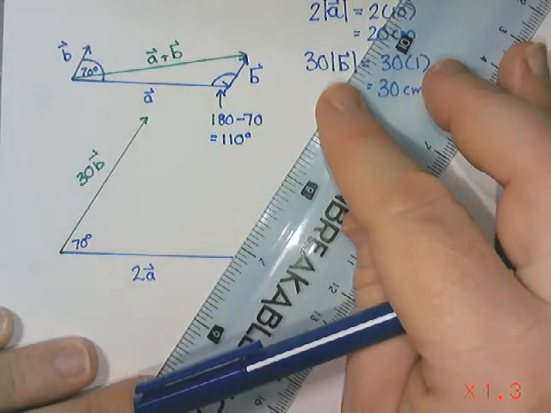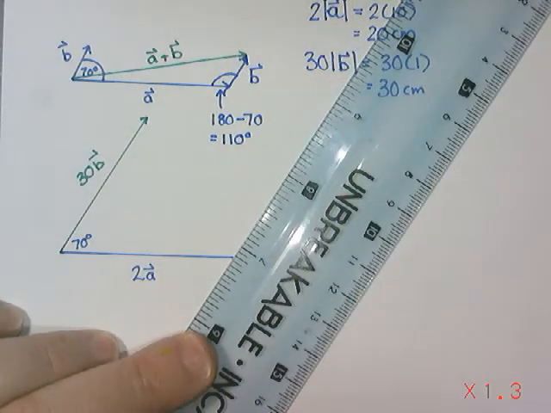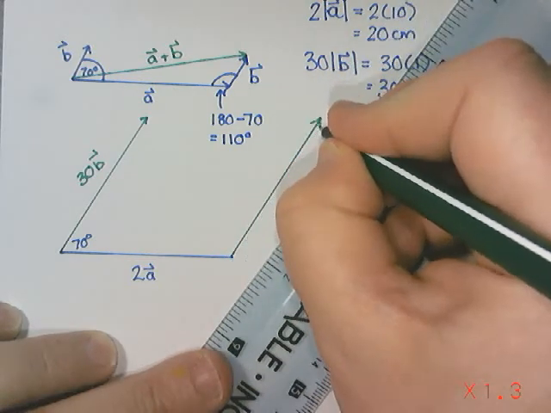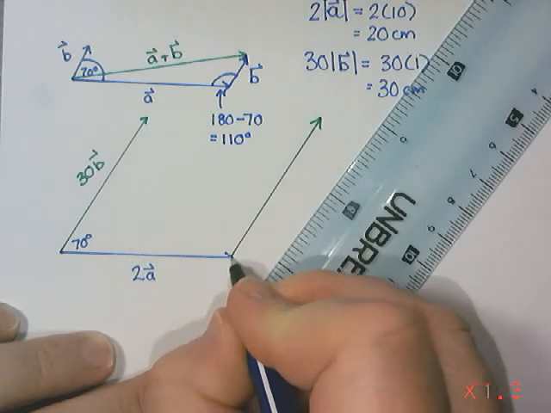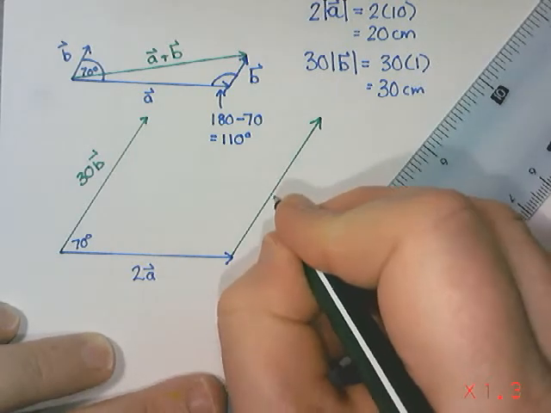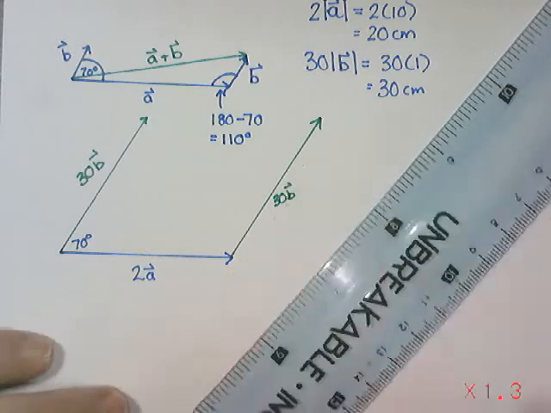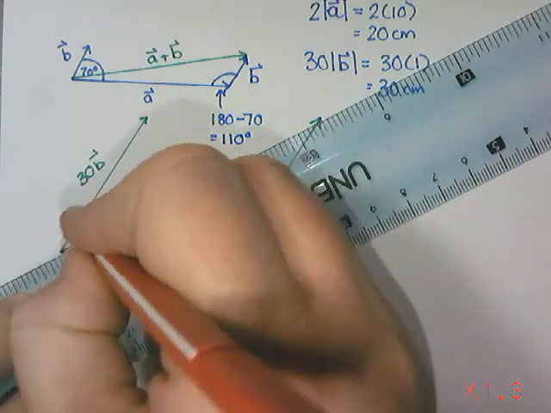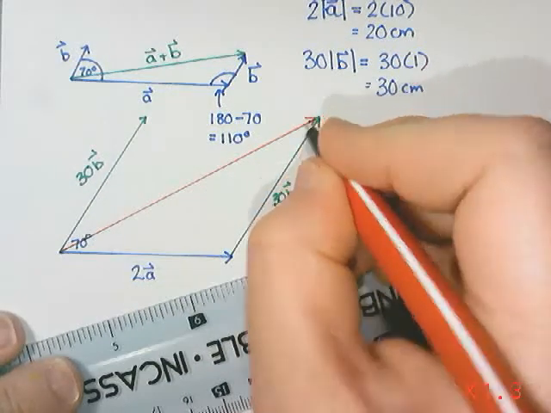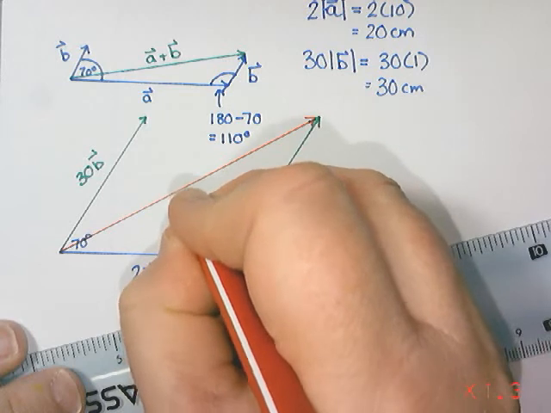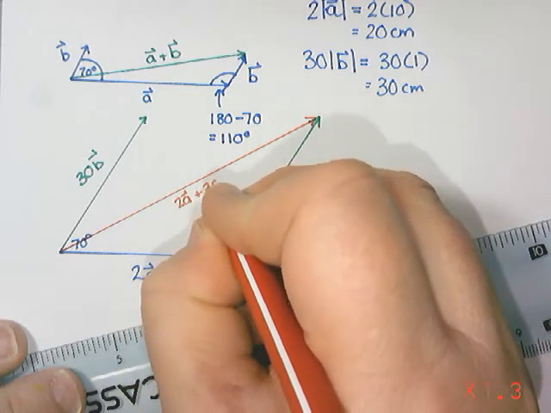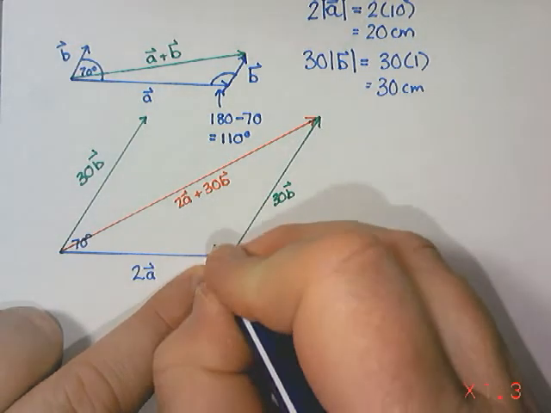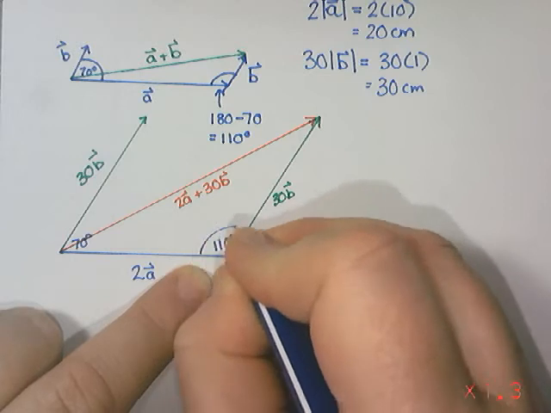I'm going to slide my vector over so that it lines up with the head of A, which I forgot to draw. And then my resultant is going to be here. So this is 2A plus 30B. And we already said that this angle in here would be 110 degrees.